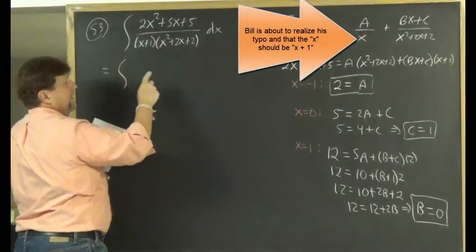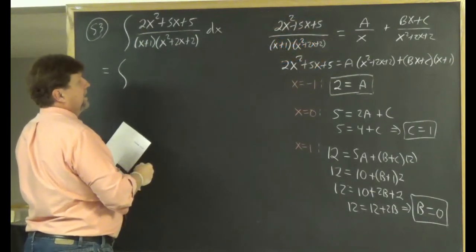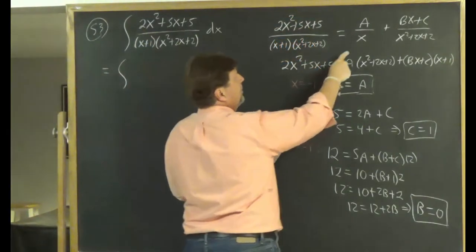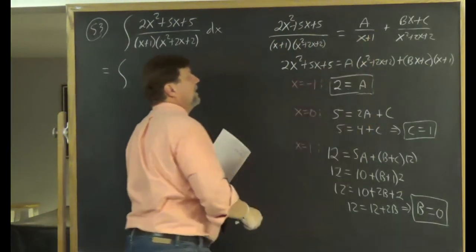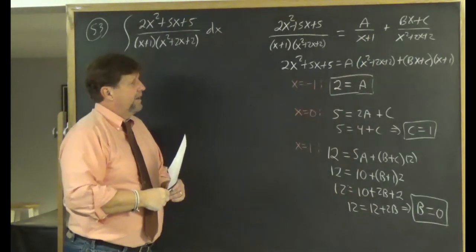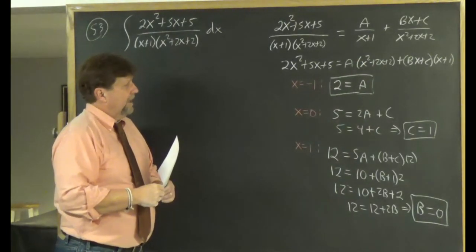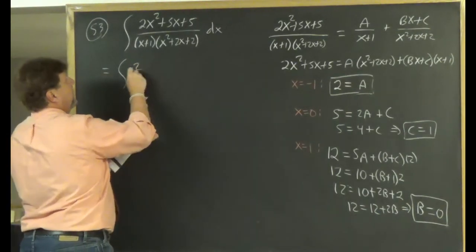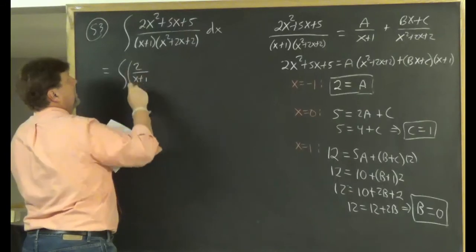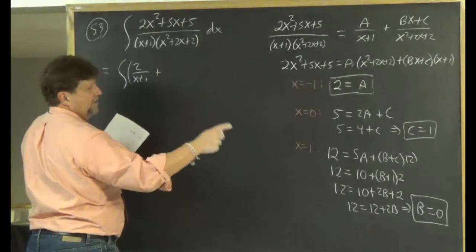This I'll rewrite as A over x plus 1. I don't know why I have an x here. That's an x plus 1. I'm sure you all saw that, and it took me a long time to realize it. A over x plus 1 plus bx plus c.